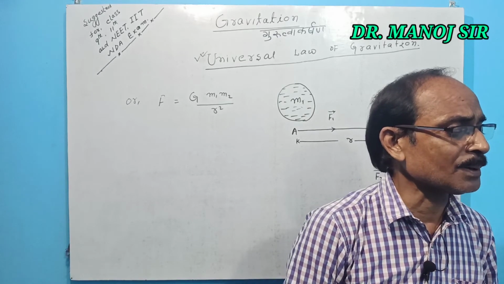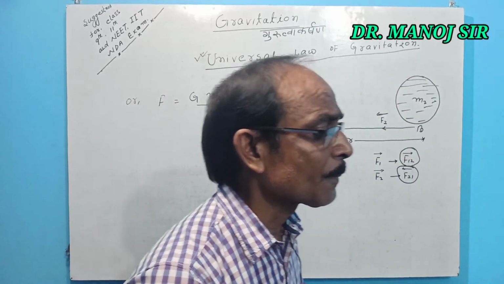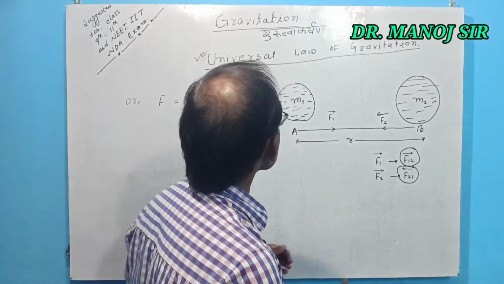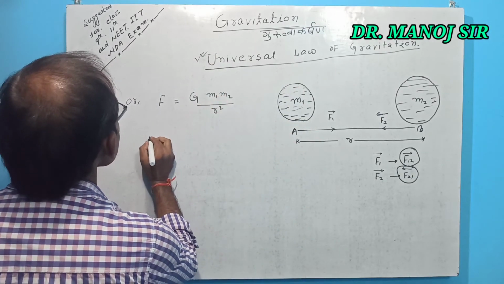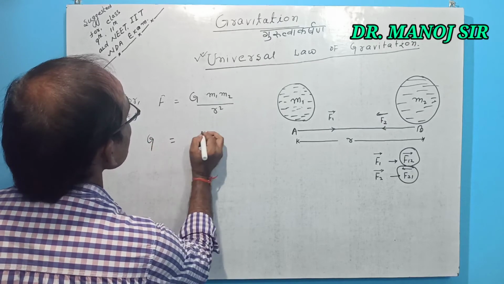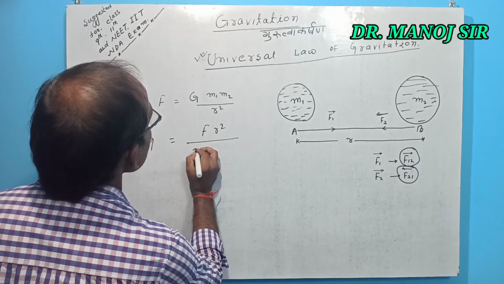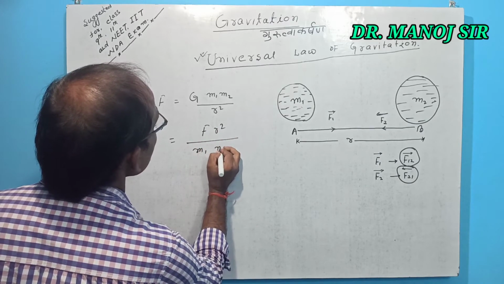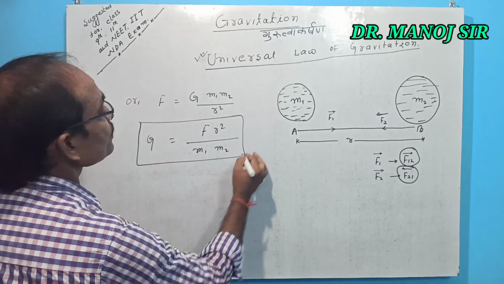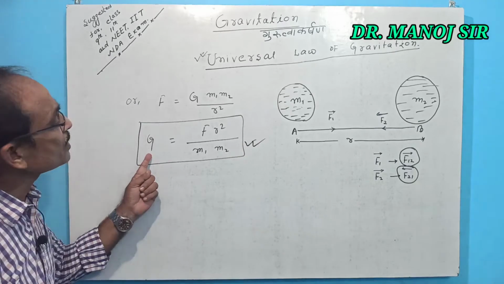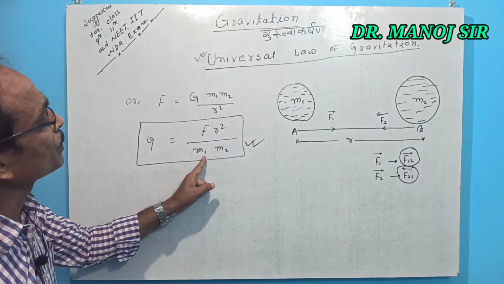It is free from distance and mass of the body, so we can define G equals F r square upon m1 m2. Gravitational constant equals F r square by m1 m2.